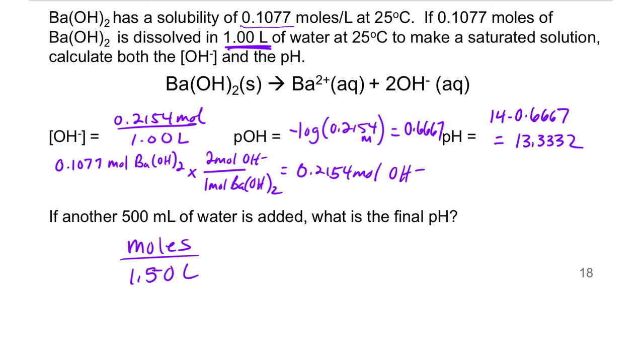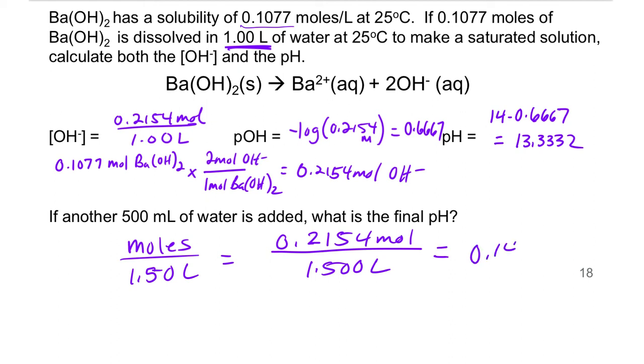I think I'm missing a sig fig there, but I don't care right now. And so we'll end up with 0.2154 moles over 1.5 liters. And the new concentration is 0.1436 moles per liter.